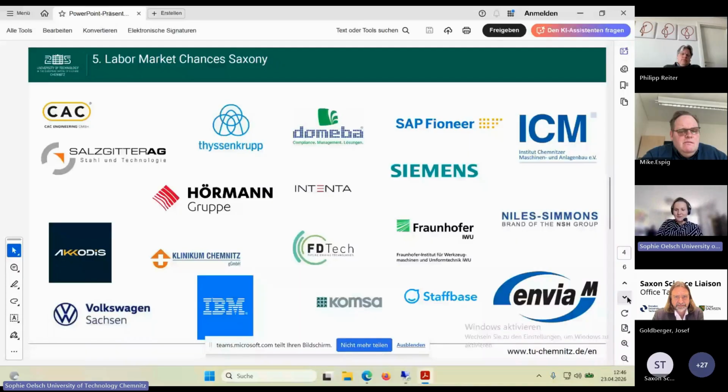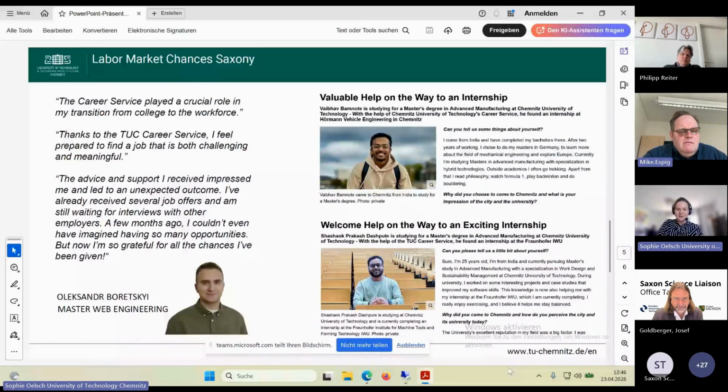And I thought maybe this could also be interesting for you, like which best practice cases do exist. Here are 3 examples of Shashank, of Vaibhav, and of Alexandre. They have been mentees of myself, so I supported these 3 students in order to find internships for their study and to find a company for the master's thesis.